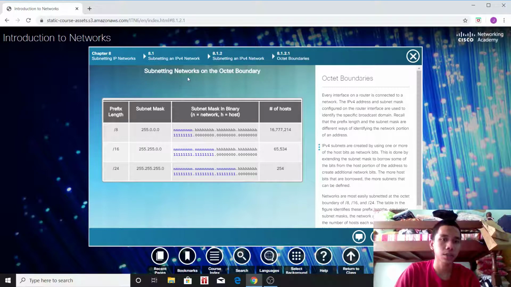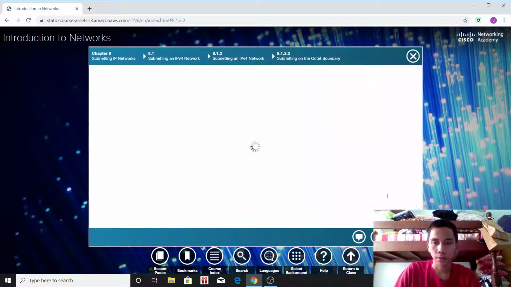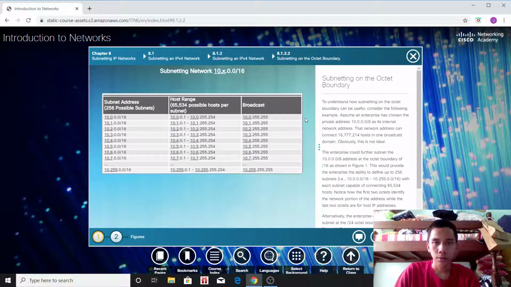So, subnetting a network on the octet boundary: for a prefix length of 8, the first 8 bits are 1s and the rest are 0s, so 255.0.0.0, then prefix lengths 16 and 24. Subnetting on the octet boundary.